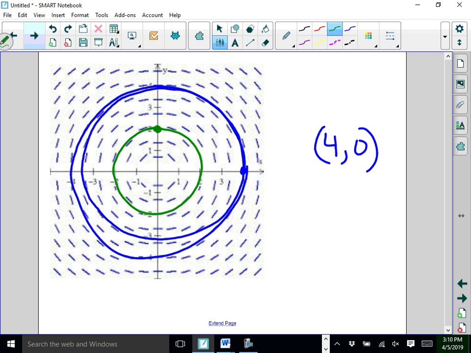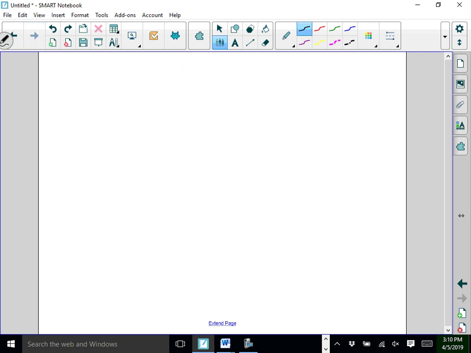The next thing I want to do is look at solving differential equations. This is the meat of the standard. So let's take a look at it. First off, I'm going to give you a differential equation. So let's say that that's our differential equation.